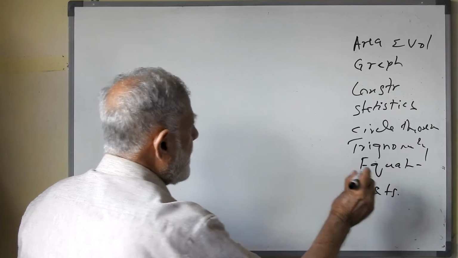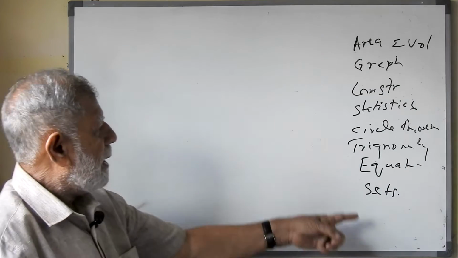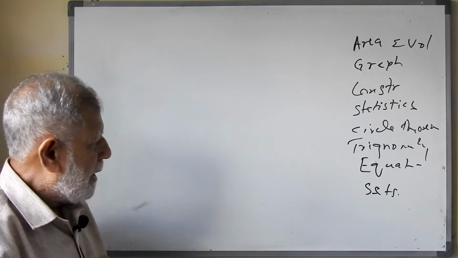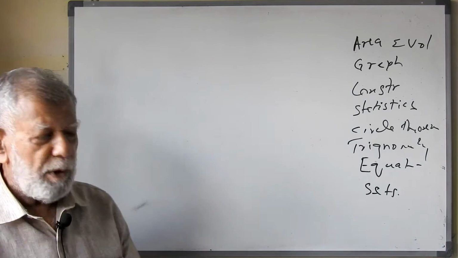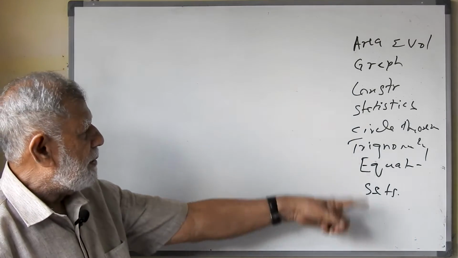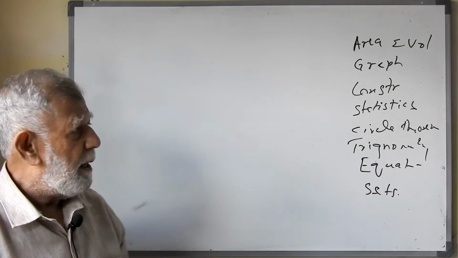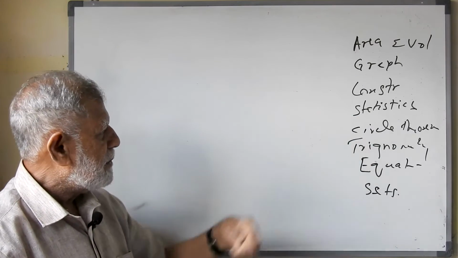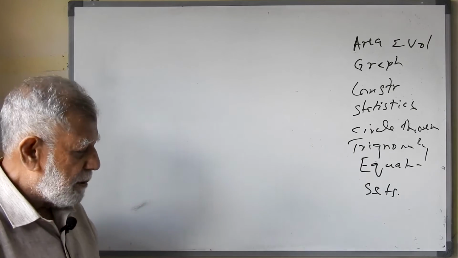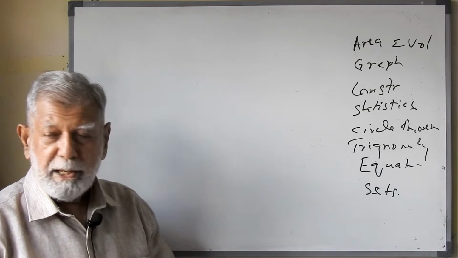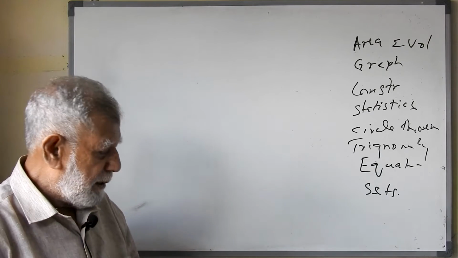Now all these sections are represented in the paper. So an intelligent boy will master all these sections, so that when he gets the paper, he can just attack these sums and get very good marks. So it is very, very easy to get an A in maths, so long as you do it intelligently.